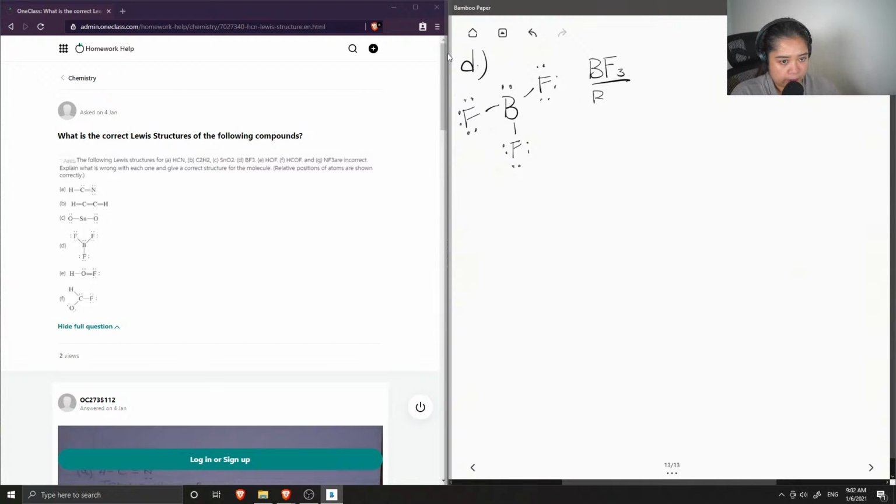Boron has 3 valence electrons, and a fluorine atom has 7. And there's 3 of them, so 21 plus 3 is 24. So if we count out how many electrons are in this molecule, you'll see it goes over that. So this has 26 electrons.